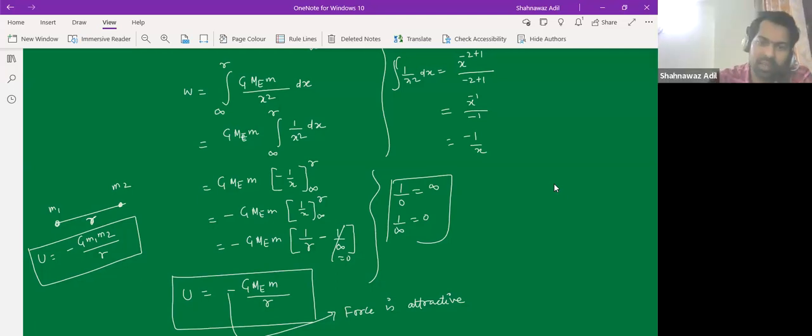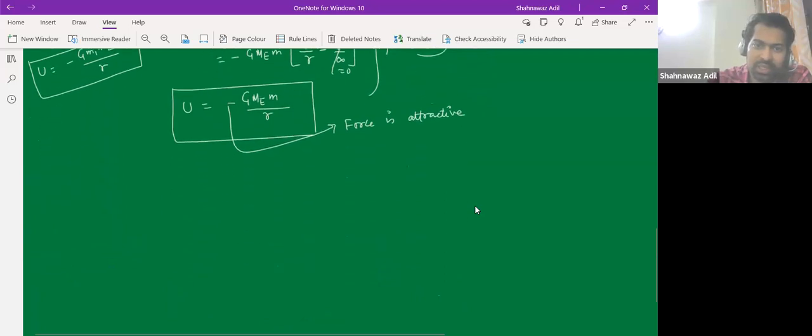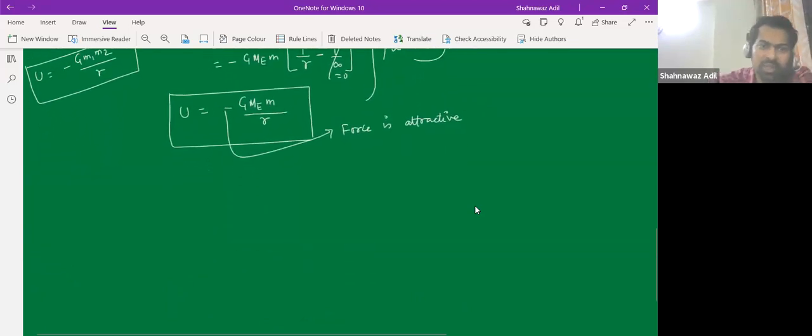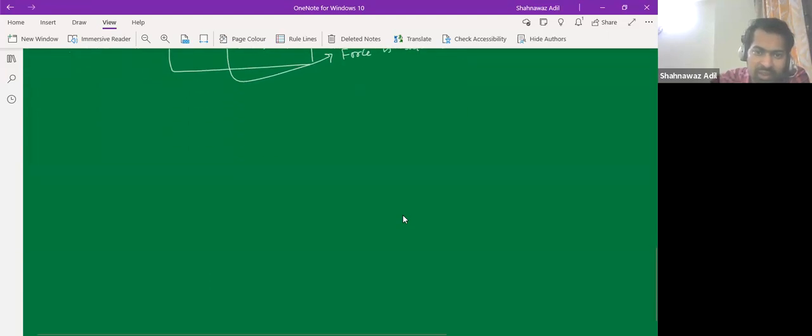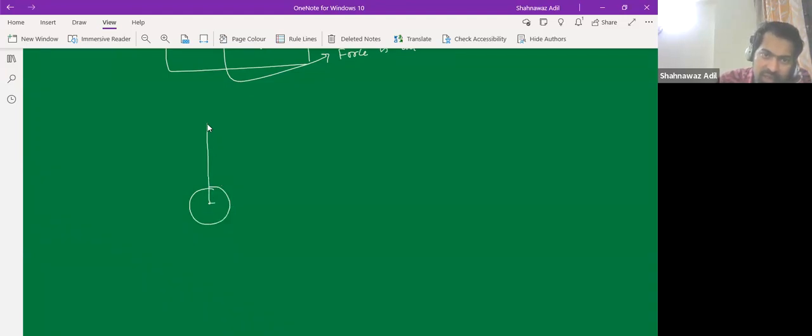Always remember that this is the actual potential energy. This is how we write the potential energy. And how do we get the other one? Let's say that we are bringing some mass from this B point to this A point.